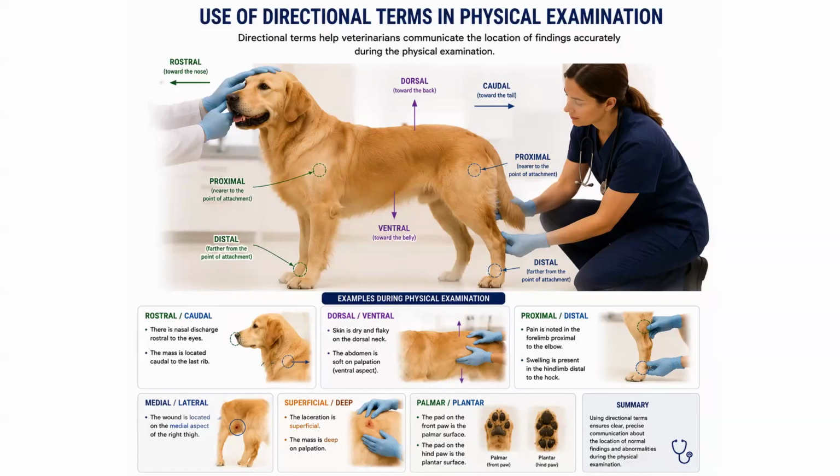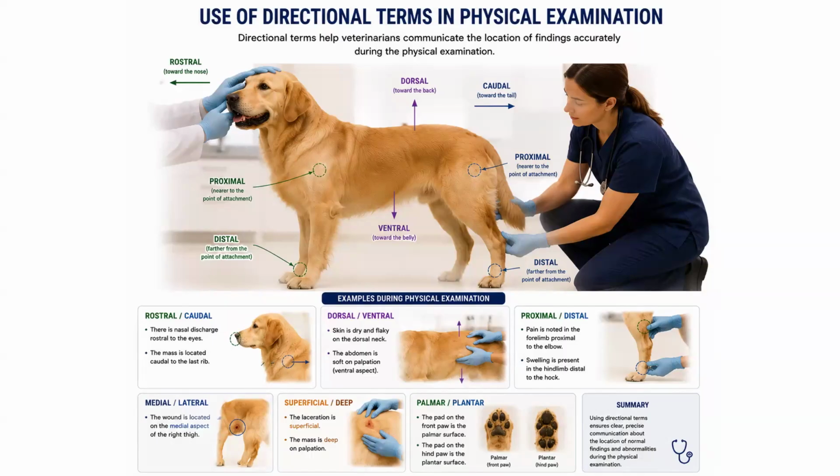Hind limb. So your knowledge of directional terms will help you what? Examine animals faster. You will not just see, okay, why is he always lying on the floor to scratch his back? You will check the dorsal region of this dog to see, is there any injury? Is there any rash around that place?